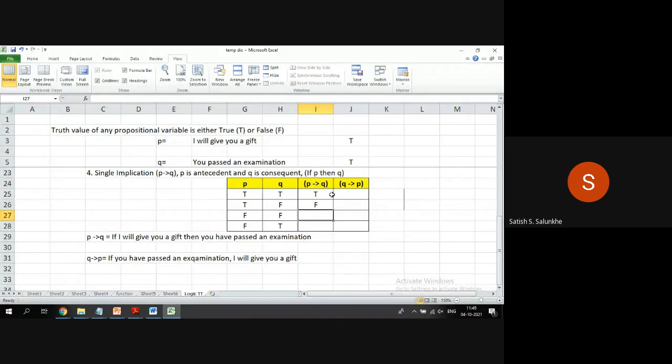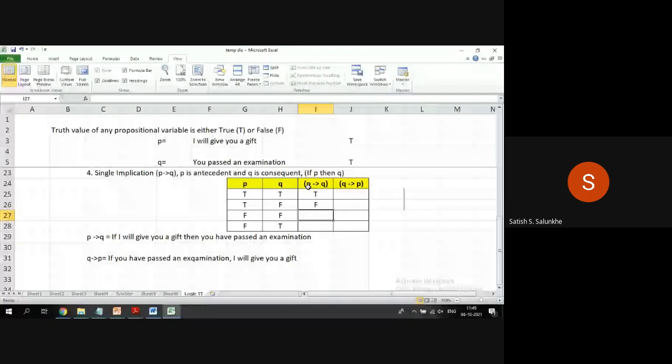Otherwise, if P is false, no matter what the truth value of Q is, your statement is not violated for a single implication. So if I am not giving you a gift and you have not passed the examination, this is valid.